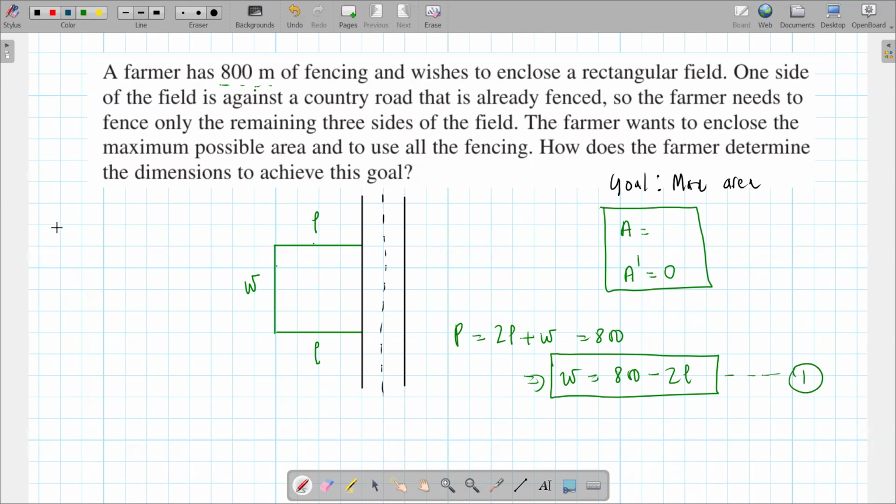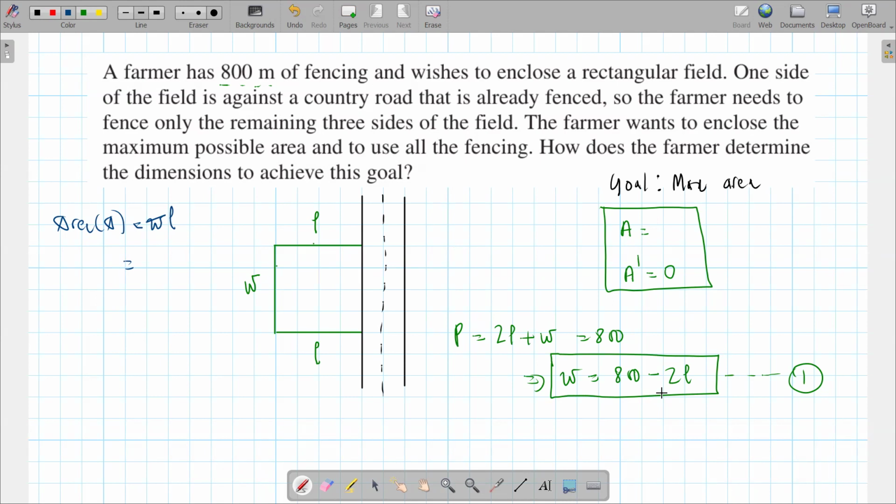What is the area of this rectangle in terms of L and W? WL. But we know W is 800 minus 2L. So here's the thing. When you're trying to take the derivative, better be one parameter, one variable. If you have multiple variables like we do here, WL, it becomes a lot more complicated.